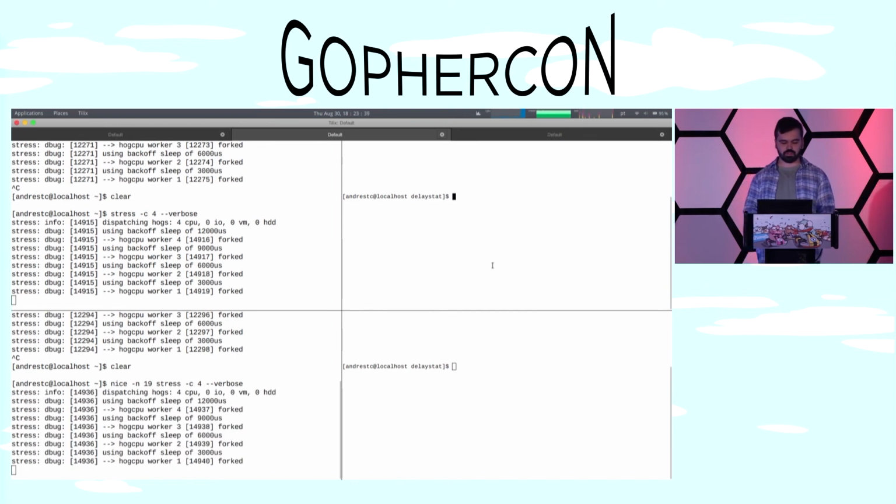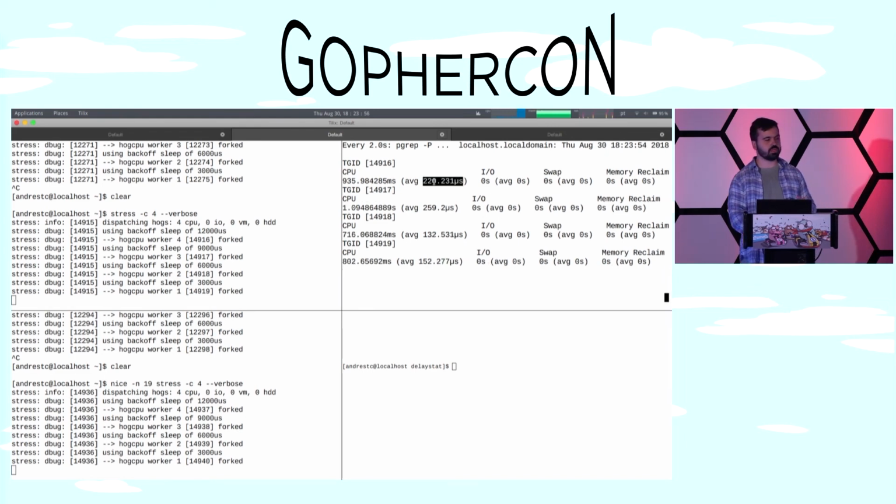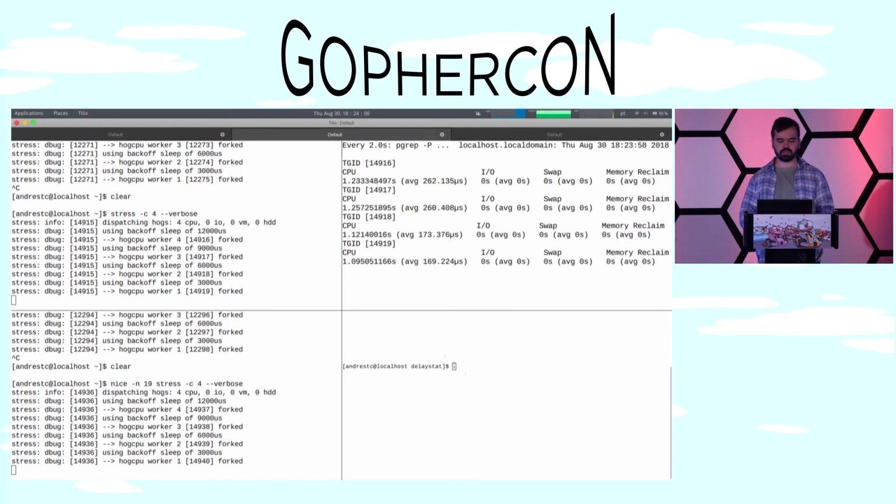So these processes are going to have a low priority in comparison to all others. Now we are going to use the delaystat tool to see how they are doing in terms of delay. Here we are going to grab the first one. We are seeing that it's experiencing delays in the order of microseconds, around 200 microseconds on average.